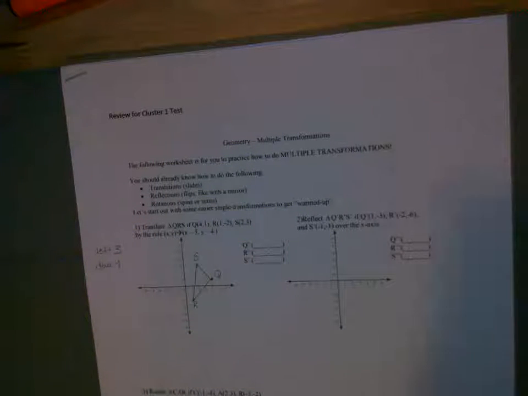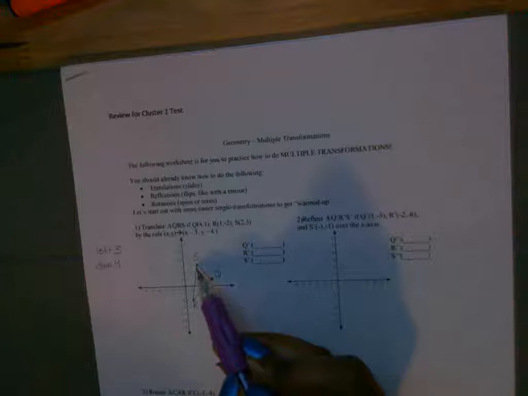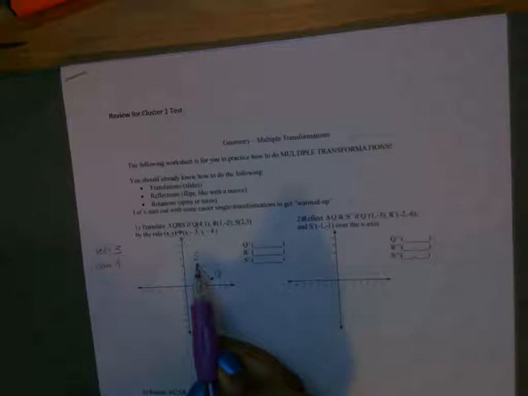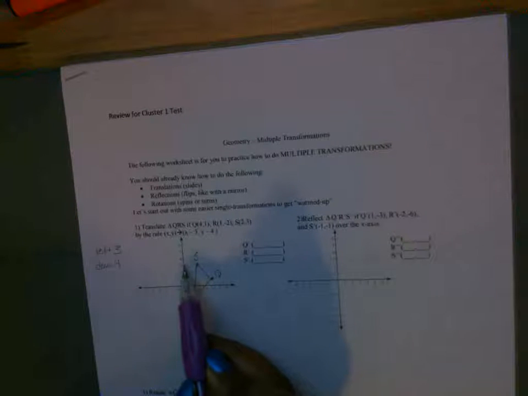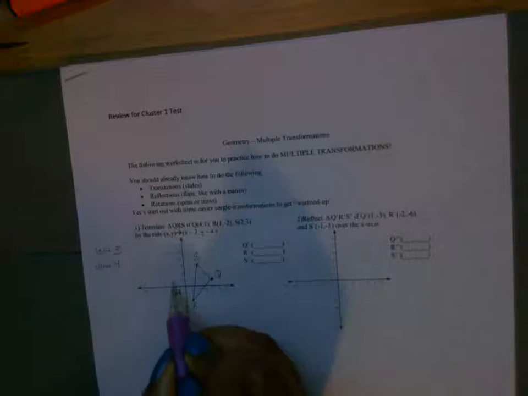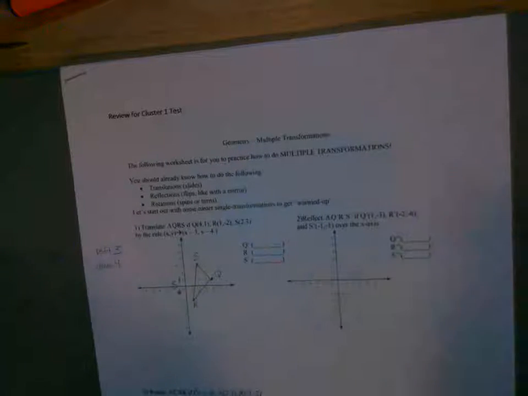So we are going to take each of these letters and move to the left 3 times and down 4 times. So I'm going to take S and move it to the left 1, 2, 3, and down 1, 2, 3, and 4. This is my new location for S. This is S prime.